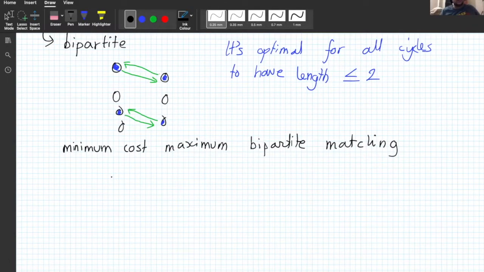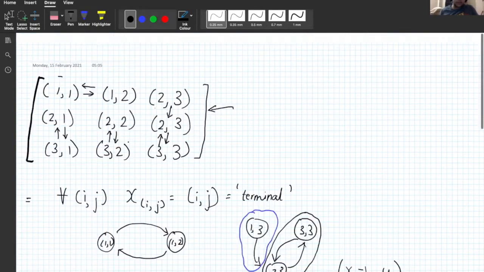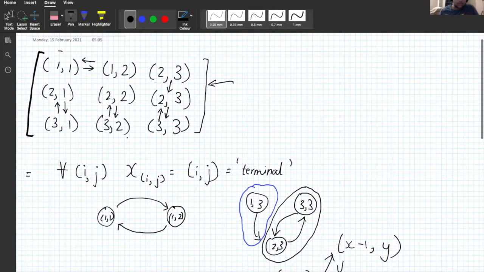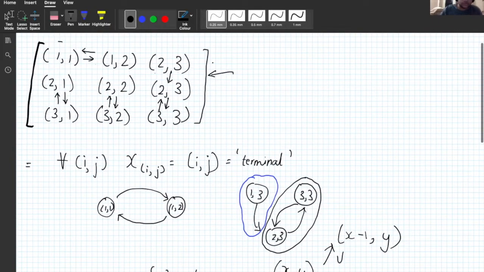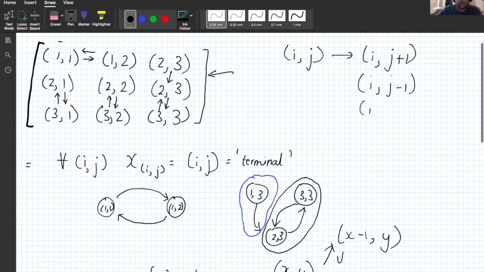Okay, the way to do this, I'll just show this to you guys. Note that any cell ij can be connected to either ij plus 1, ij minus 1, i plus 1 j, or i minus 1 j.